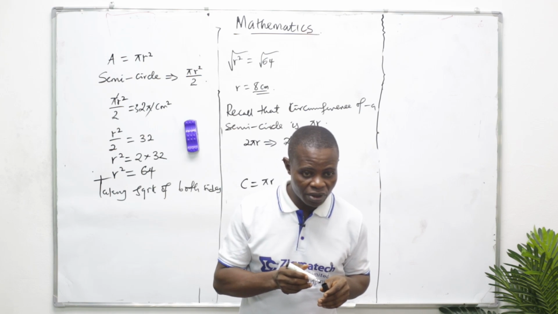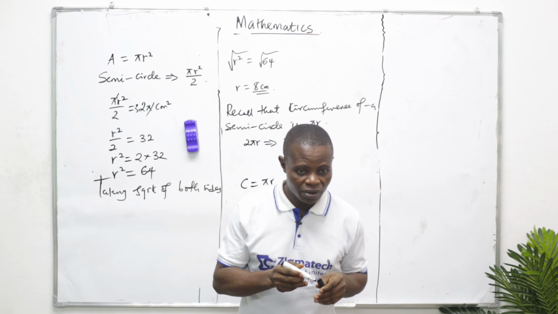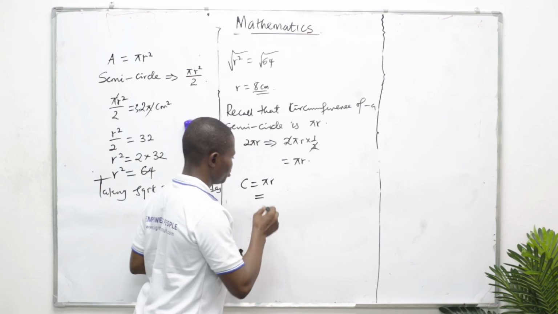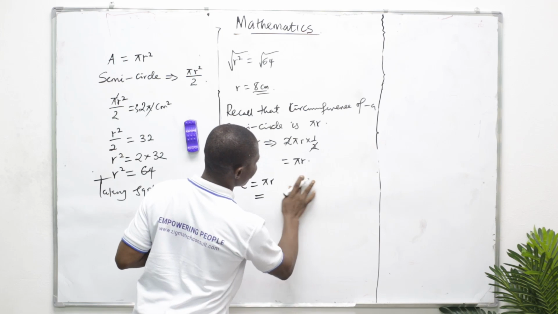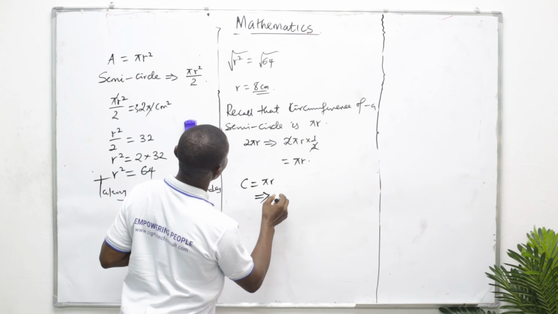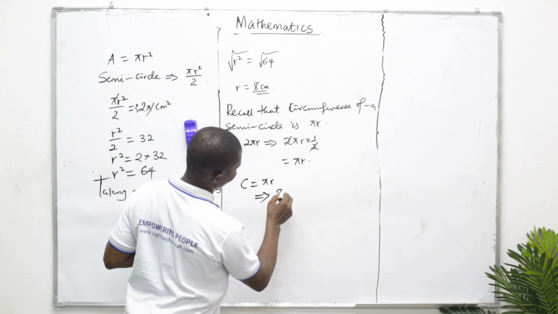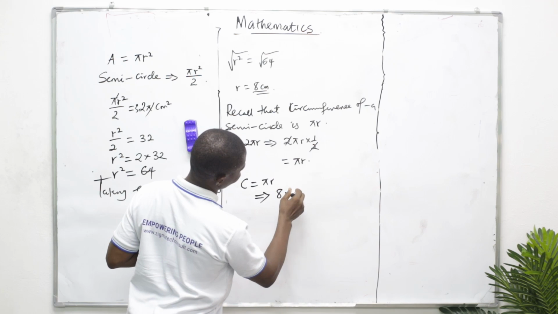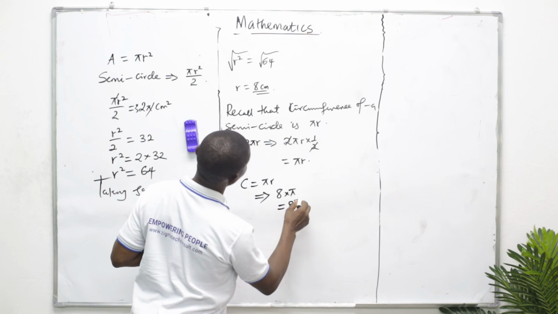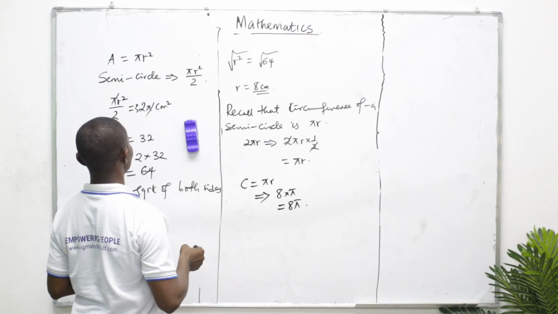Okay, the question says in terms of pi. Pi r, this implies, what is your r? 8 multiplied by pi to give us what? 8 pi. 8 pi.